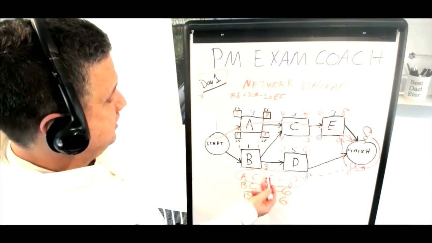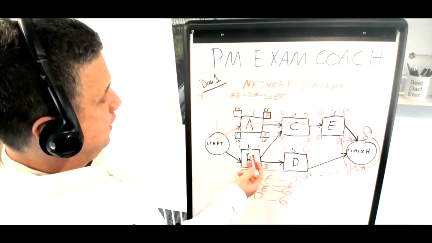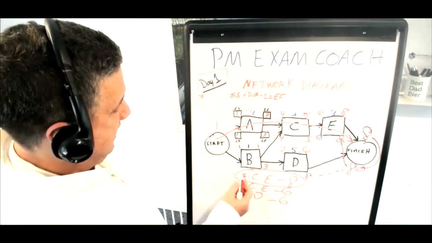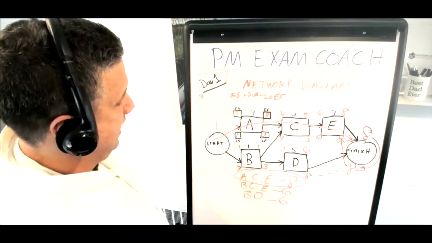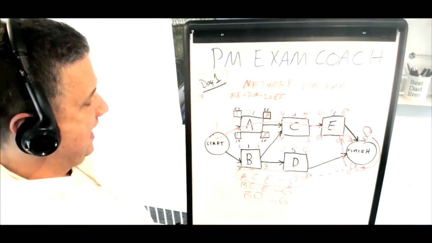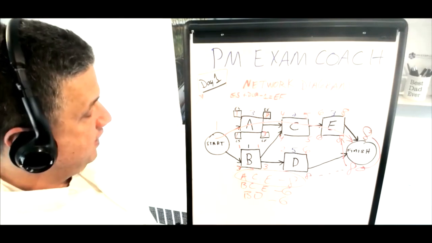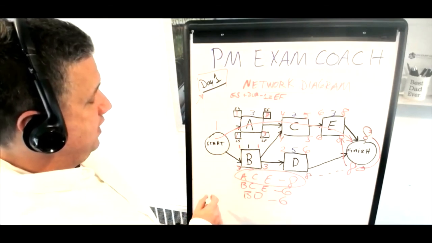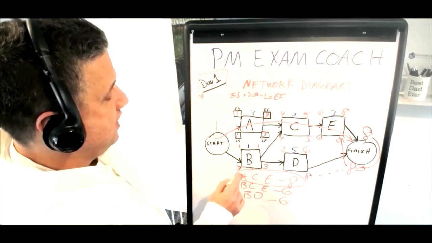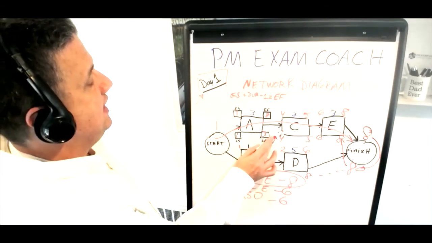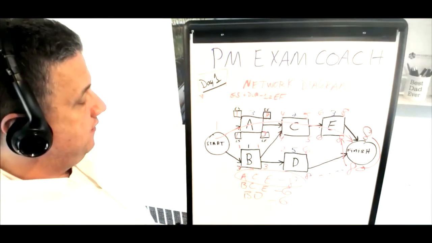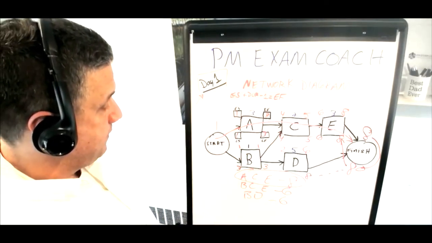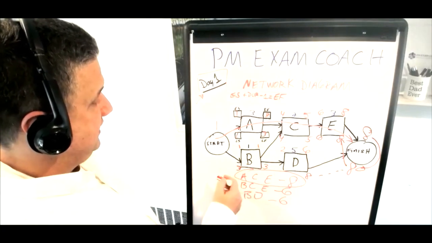And if it could finish as late as day 3, and it was only a 1-day duration, that means it would also be able to begin as late as day 3. So activity B could have started as early as day 1 and finished on day 1, or we could have waited and started on day 3 and still finished on day 3 and not impacted the start of activity C.